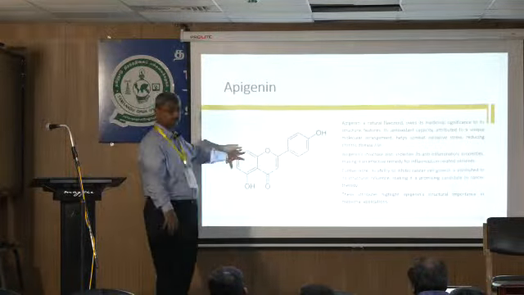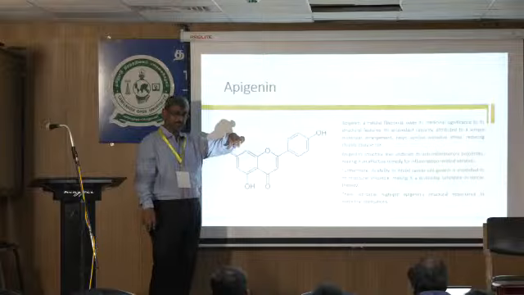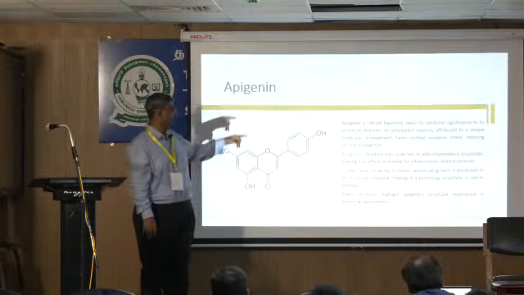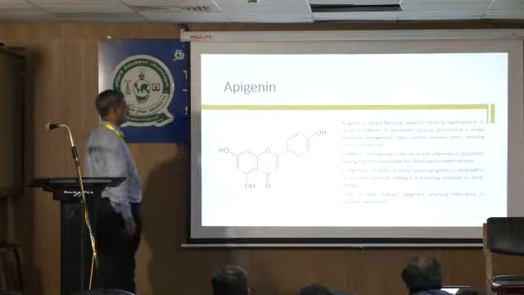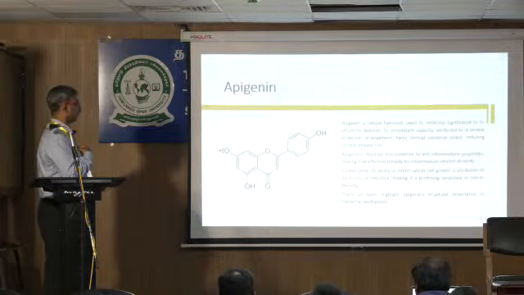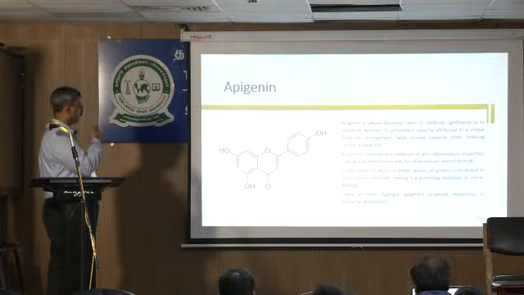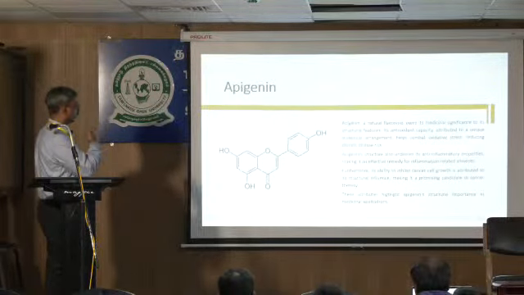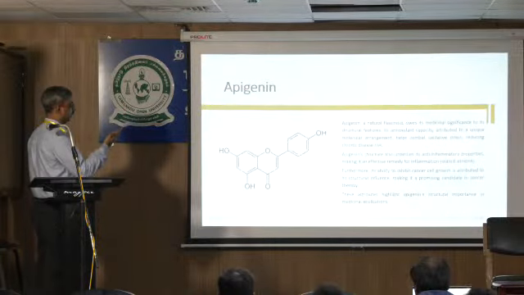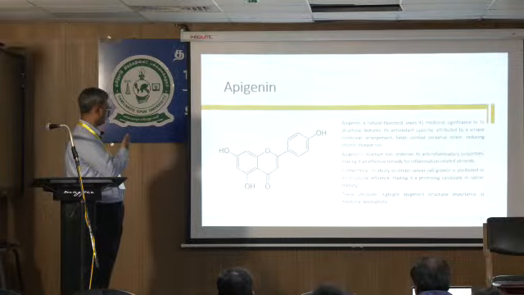These two are closer and can easily connect to the molecule. Apigenin, a natural flavonoid, owes its medical significance to its structural features; its antioxidant capacity is attributed to a unique molecular arrangement, helps combat oxidative stress, reduces chronic disease, and you have anti-inflammatory, anti-cancer, and many other activities.